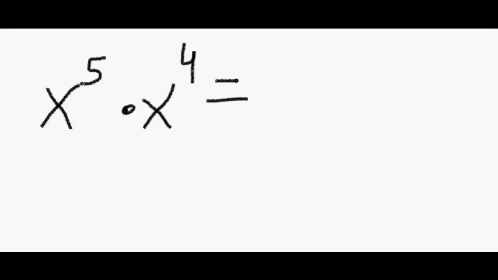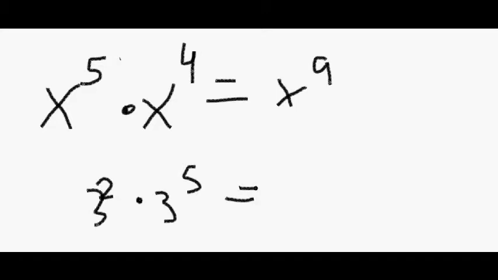What we do with number 18 is, as long as the bases are the same, when we have multiplication, we're just adding the exponents, so it becomes x to the 9th power. For example, let's say we have 3 to the 2nd times 3 to the 5th. Because both numbers are 3, we just have to add these exponents. 2 plus 5 is 7, so it becomes 3 to the 7th power.